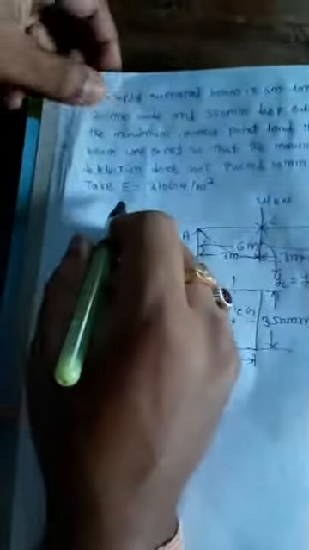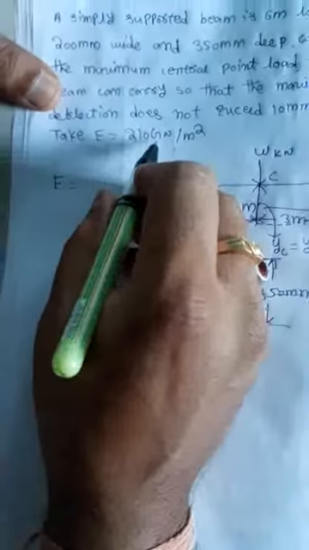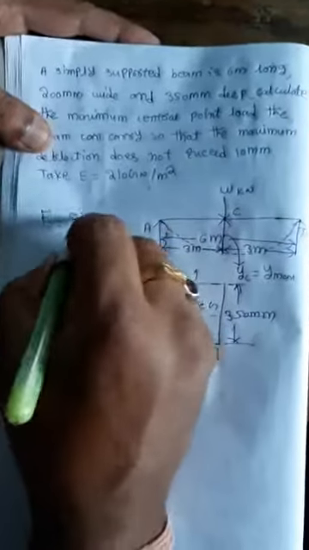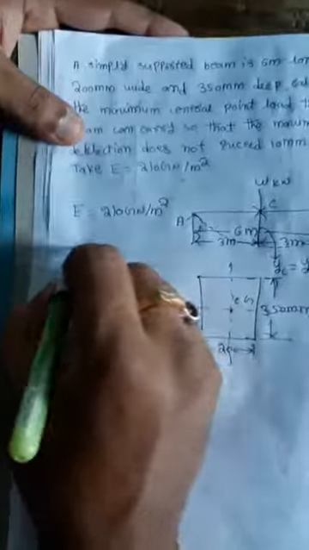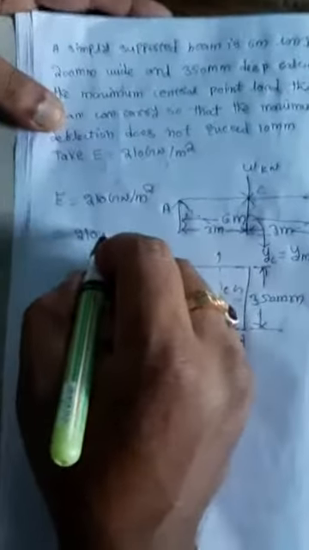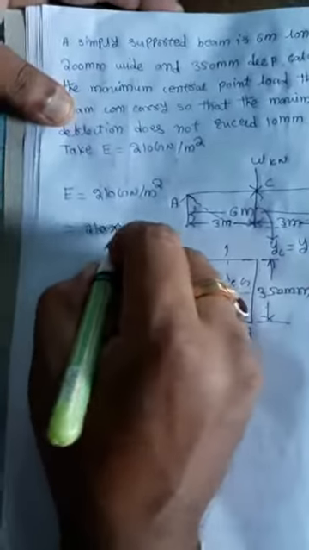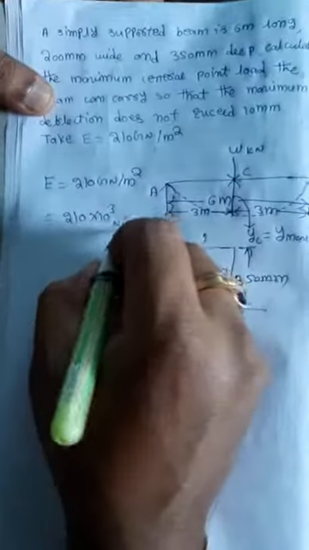But here Young's modulus units are in giganewton per meter square, so there is a need to change these units from giganewton per meter square to kilonewton per mm square. So 210 giganewton per meter square can be changed into 210 into 10 to the power of 3 Newton per mm square.